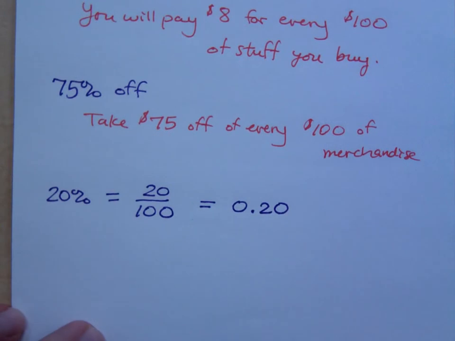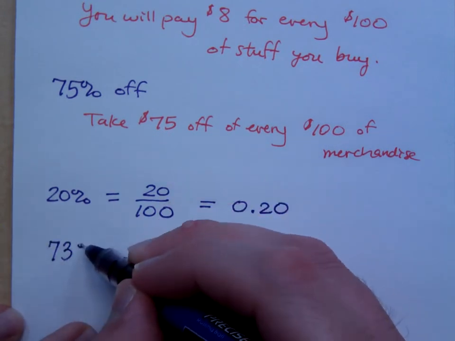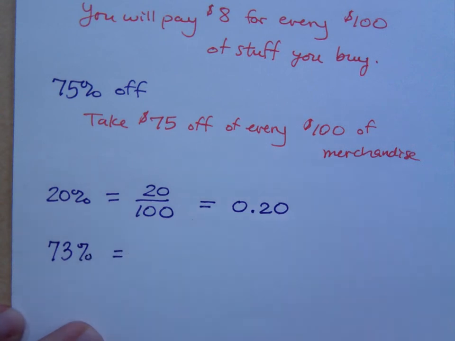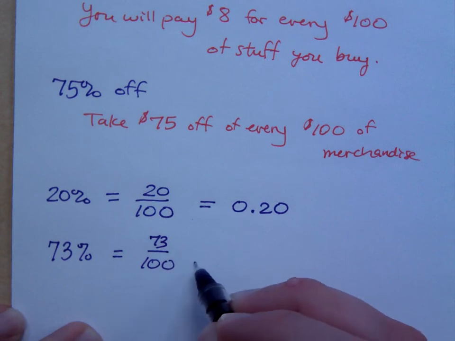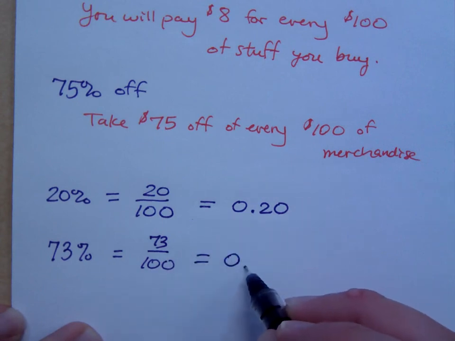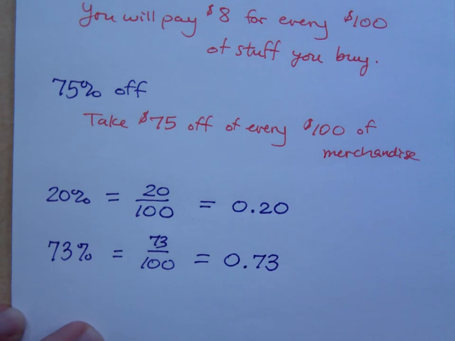Okay, not a problem. What if I have 73%? I could say this is 73 out of 100. But what is that as a decimal? It's 0.73. So what's the trick here? How do I go from a percent to a decimal?